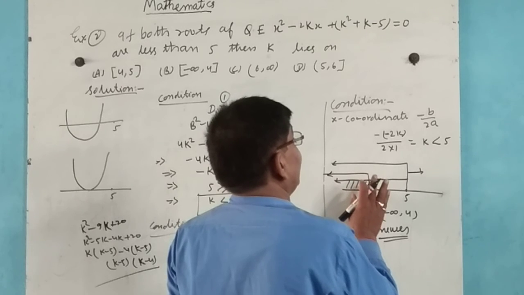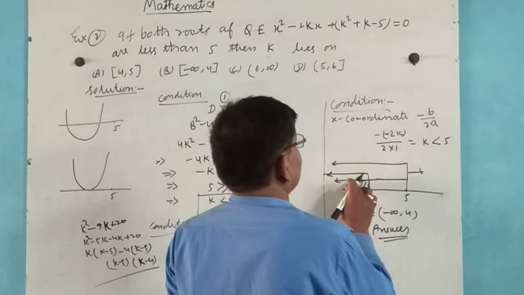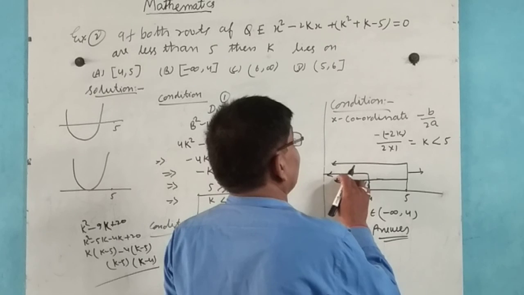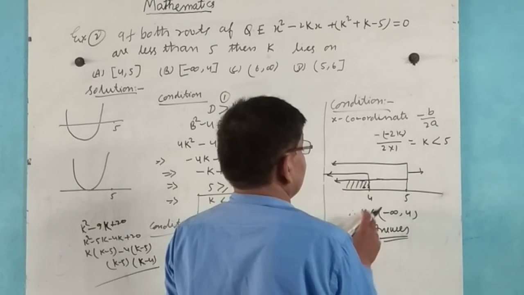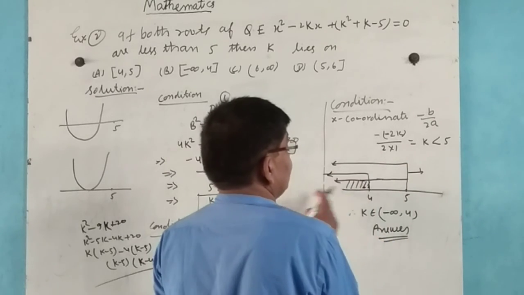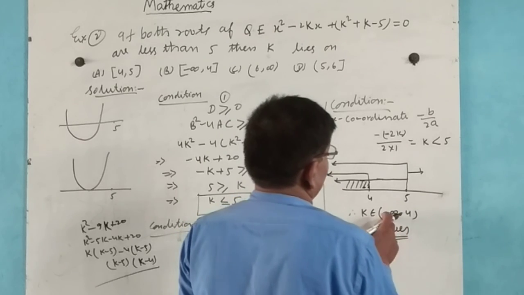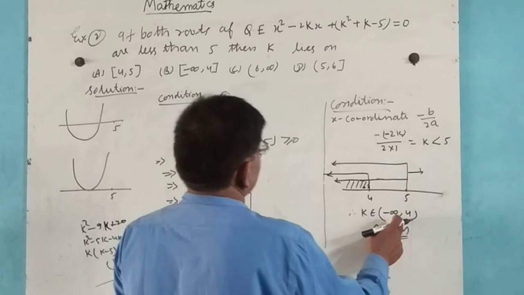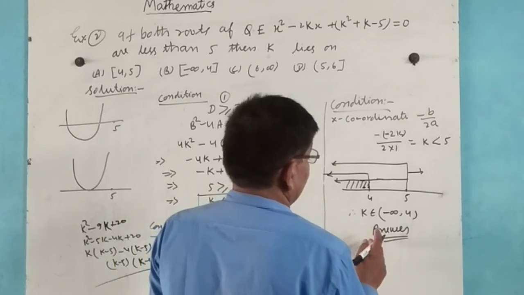Now take the common region, this region, so that this means k belongs to minus infinity to 4. This is our required result.